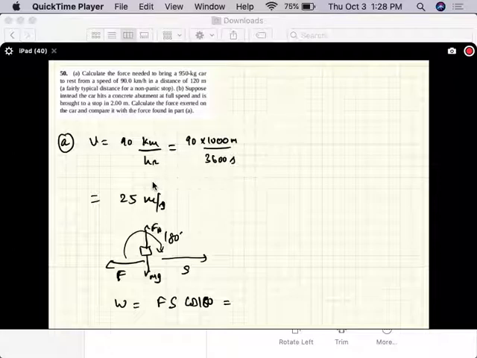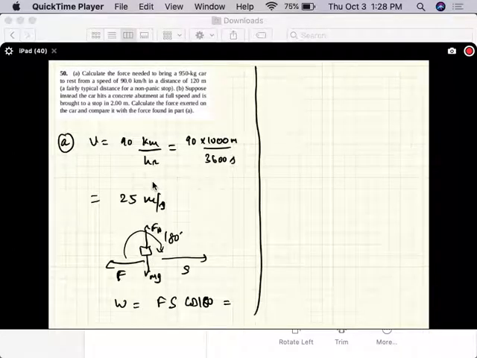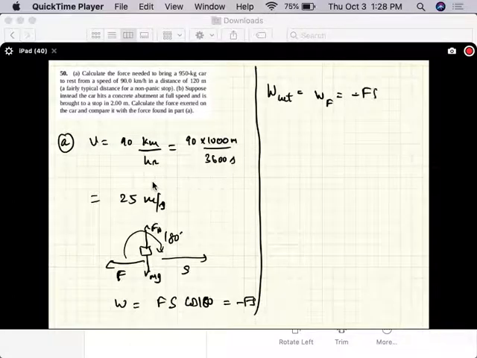Okay, so the net work done, this is minus Fs. The net work done is the work done by the braking force. That's the only force that does work, and that's equal to minus Fs, and that's equal to final kinetic energy minus initial kinetic energy.